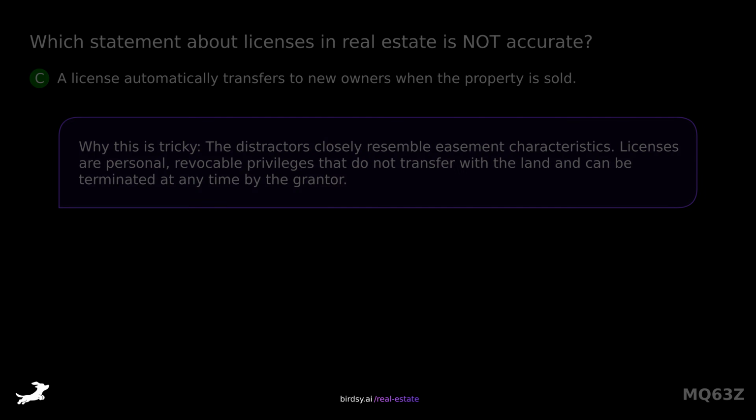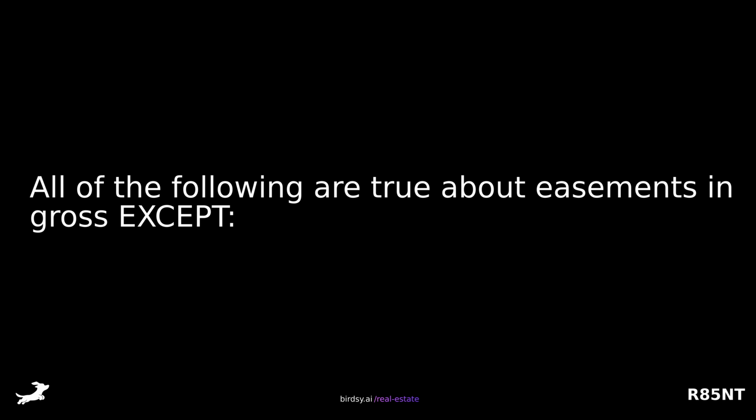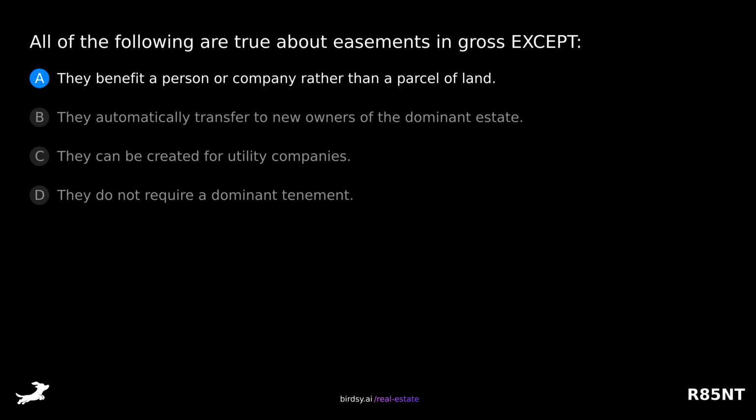All of the following are true about easements in gross, except: is it A, they benefit a person or company rather than a parcel of land, B, they automatically transfer to new owners of the dominant estate, C, they can be created for utility companies, or D, they do not require a dominant tenement?